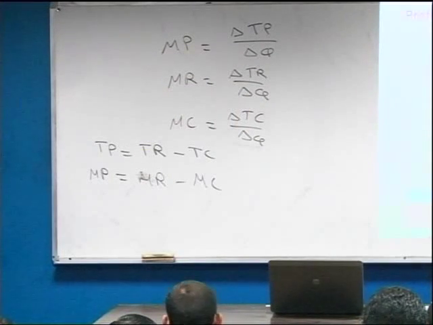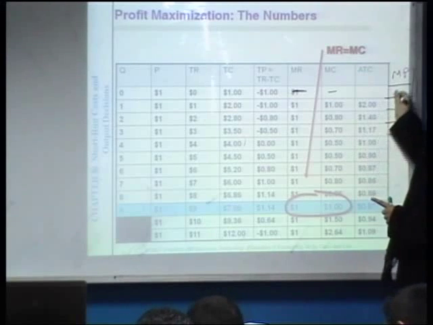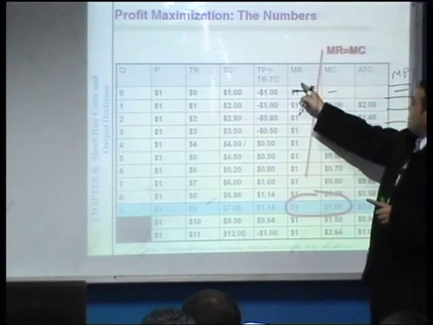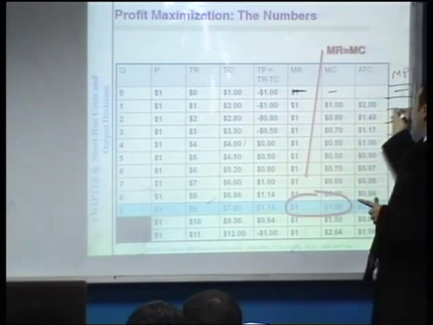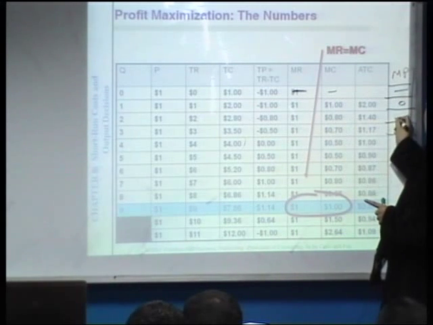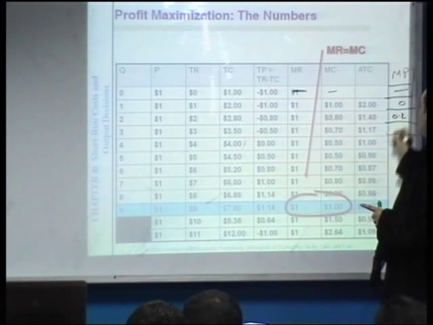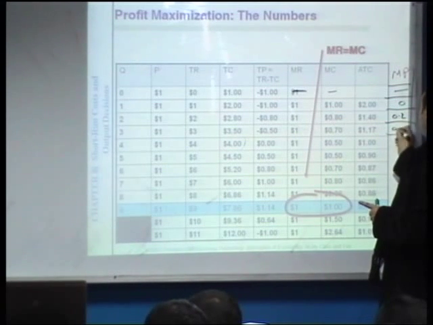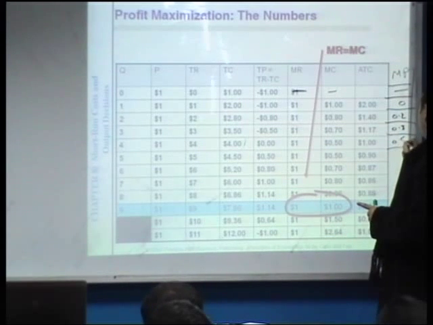So let's calculate MP in this case. MP equals MR minus MC: 1 minus 1 is 0, and 1 minus 0.8 is 0.2, right? And then 0.3, and 0.5, 0.